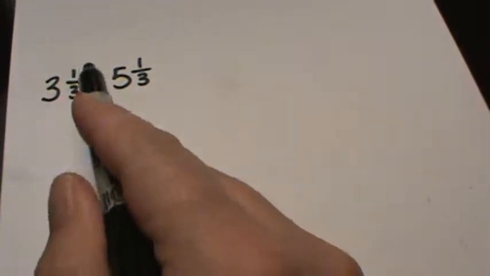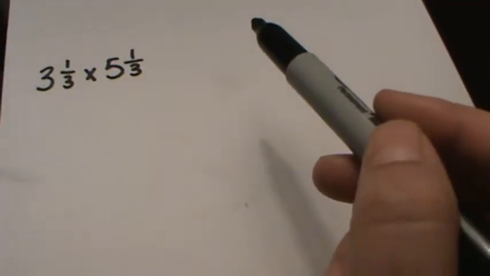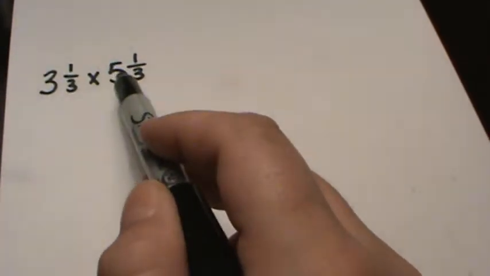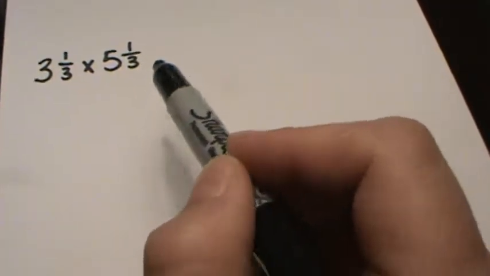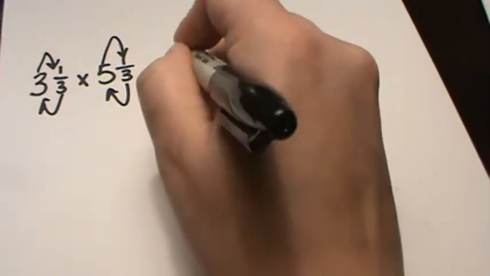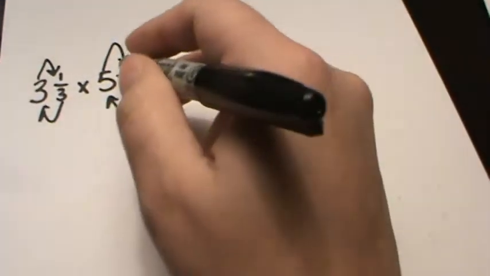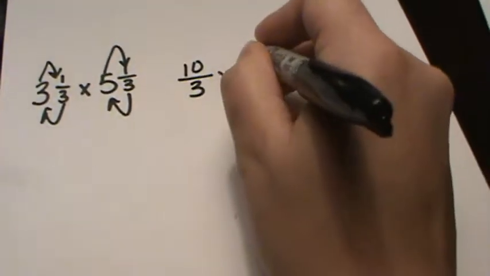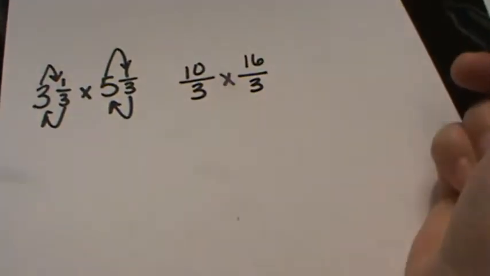Here we have 3 1/3 times 5 1/3. You cannot, to find this answer, just multiply the whole numbers and then the fractions independently. You must first convert. So, that process has not changed. 3 1/3 becomes 10 thirds. 5 1/3 becomes 16 thirds.